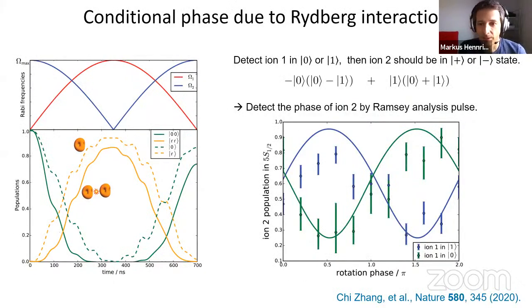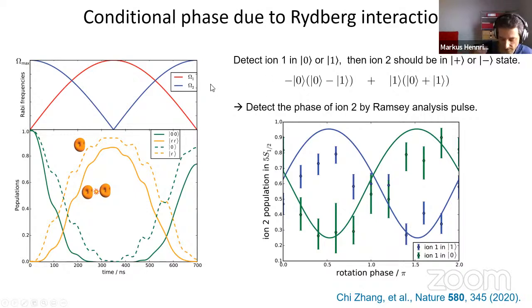Okay, so we apply such a gate on an equal superposition of 0 and 1 for both of the ions. So we start in (0+1) times (0+1). If we then apply this gate, the 0,0 will actually get a -1.